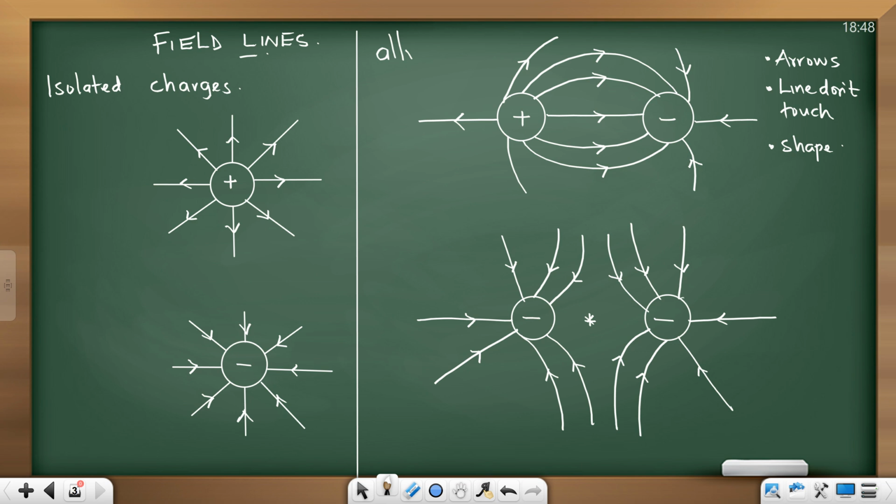So here we have an attraction, and here we have a repulsion. And this is because we have like charges. Unlike charges. Okay, I am done with that. I'll give you a few minutes to draw.